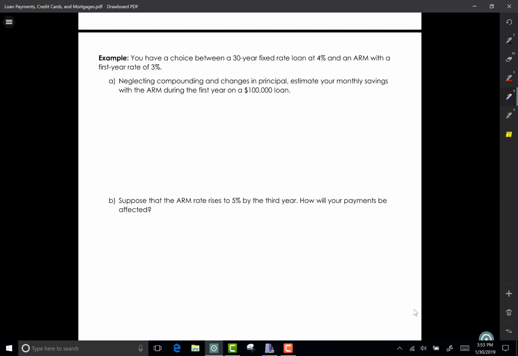And the last example, it says you have a choice between a 30-year loan that has a fixed rate of 4% and an ARM with the first year rate of 3%. Now the ARM, that stands for adjustable rate mortgage. And that means that the interest rate could change while you're in your loan term.